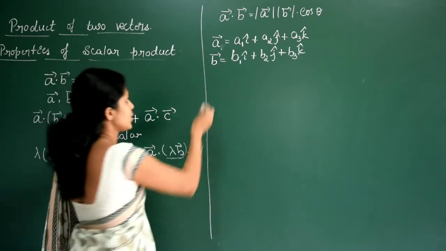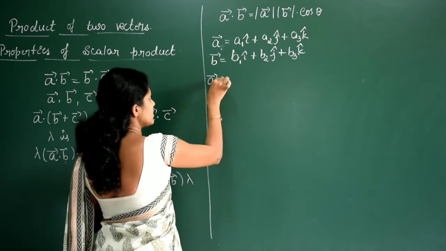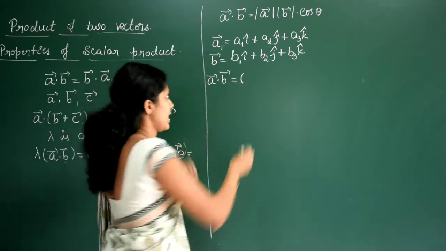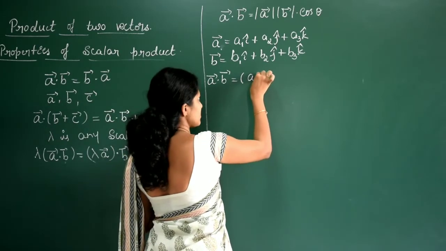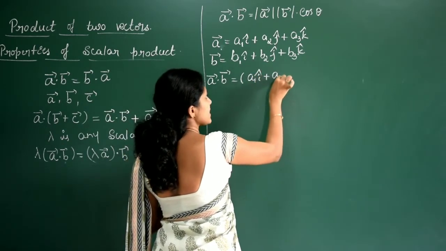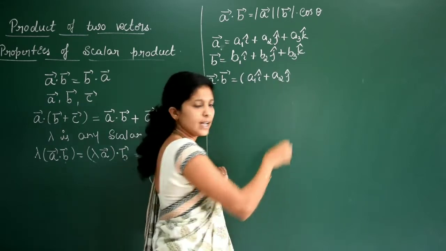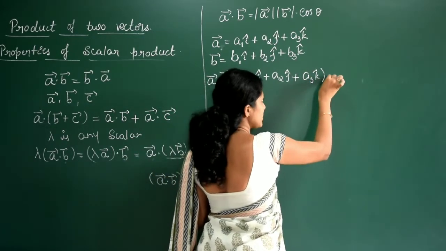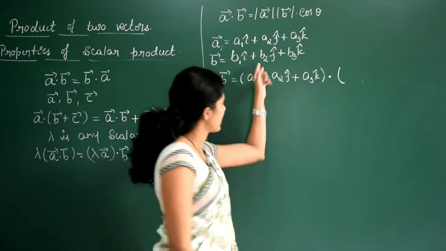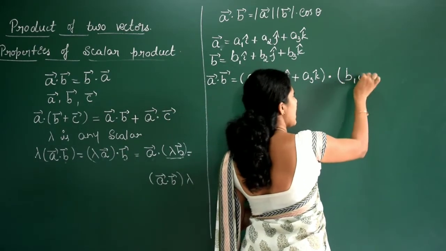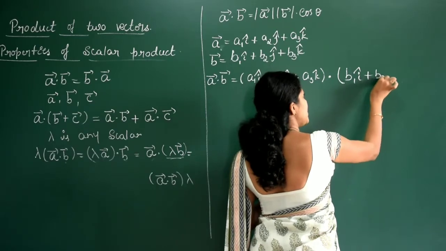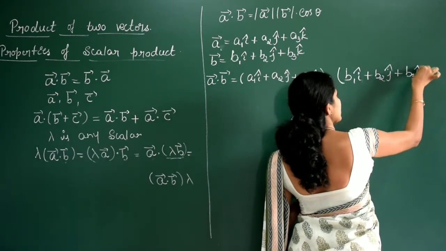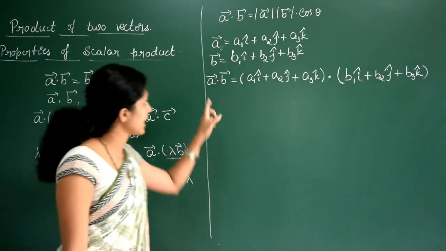Now we have to find the dot product. It will be A vector dot B vector, equal to, we substitute, A1 i cap plus A2 j cap plus A3 k cap dot B vector, which is B1 i cap plus B2 j cap plus B3 k cap. Now we have to multiply each and every term.